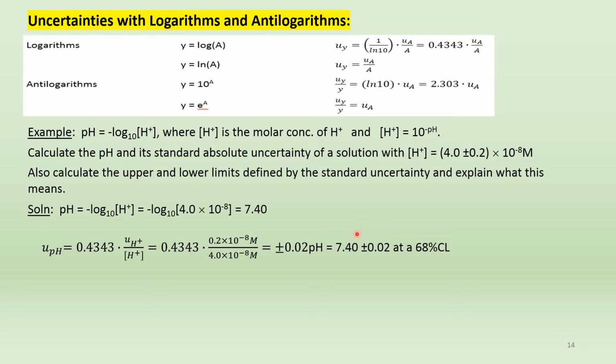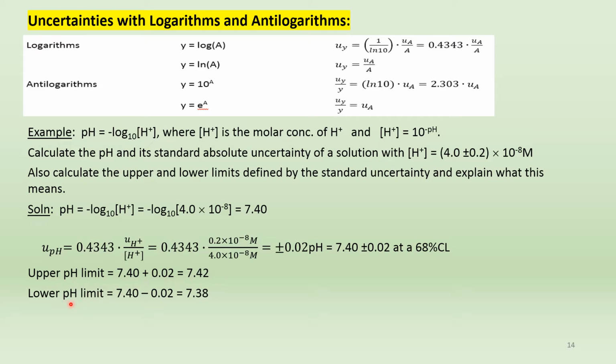So in this case, the sig figs do agree with the rules for uncertainties, which again, I want to say take precedence. This is at the 68% confidence level. So we can say that the upper pH limit will be 7.40 plus the standard uncertainty, 0.02, that's 7.42.